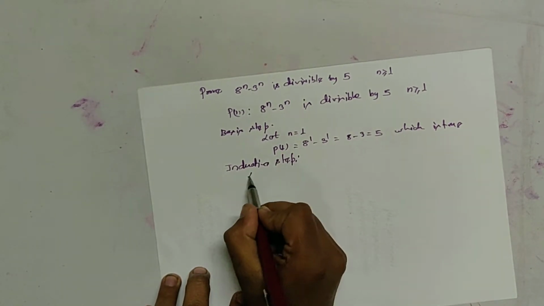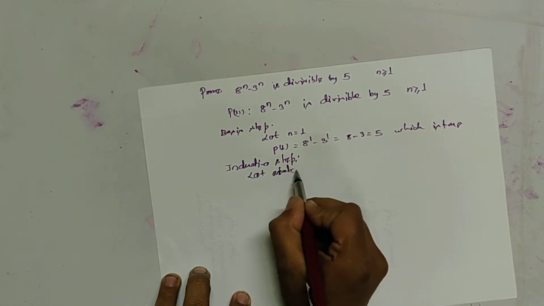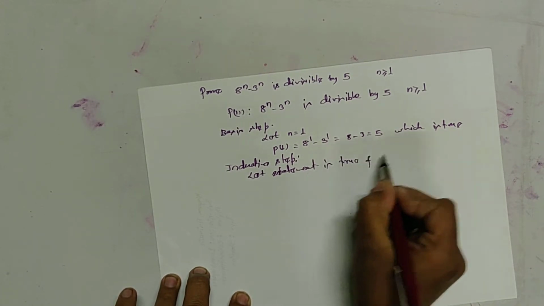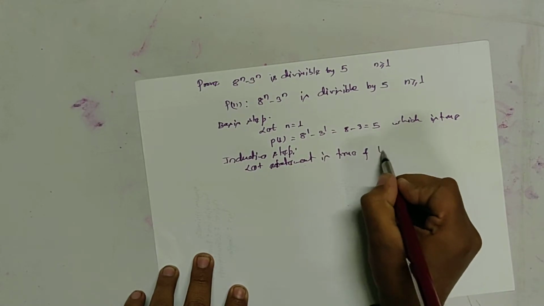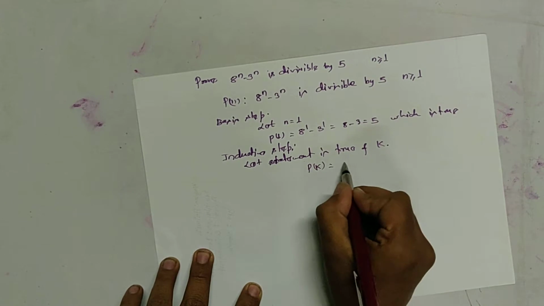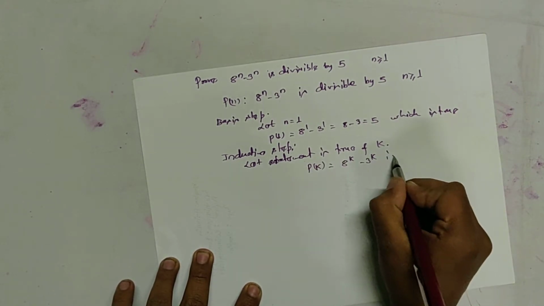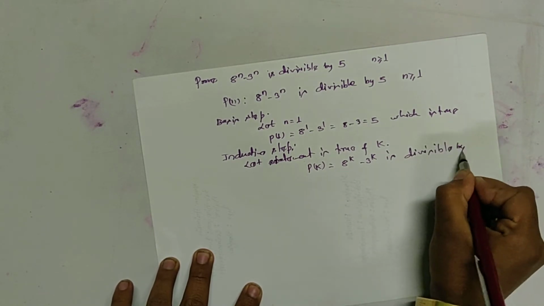Let the statement be true for k, for arbitrary k. That means Pk, 8 power k minus 3 power k, is divisible by 5.